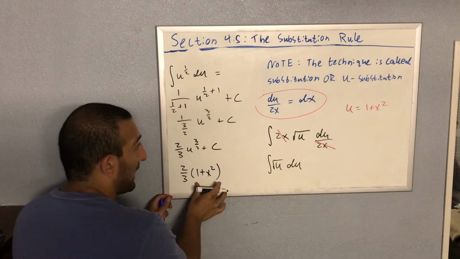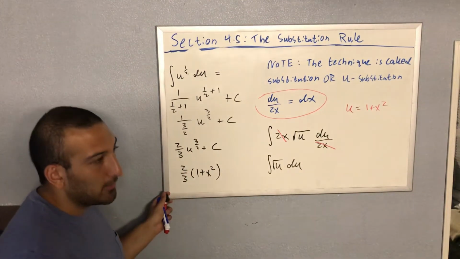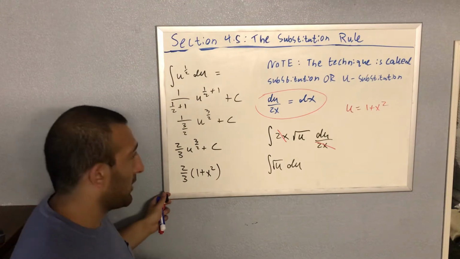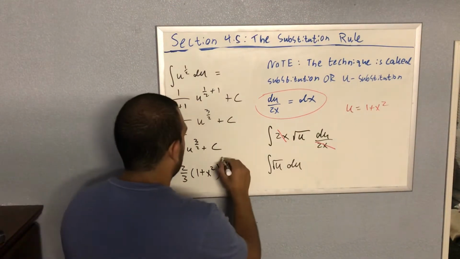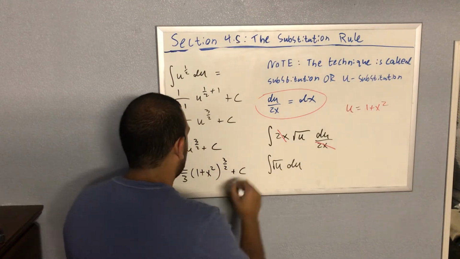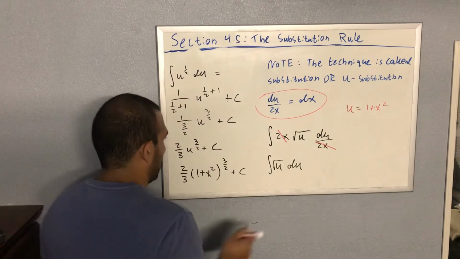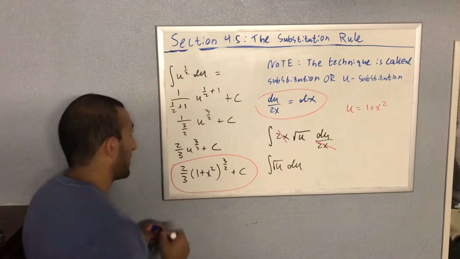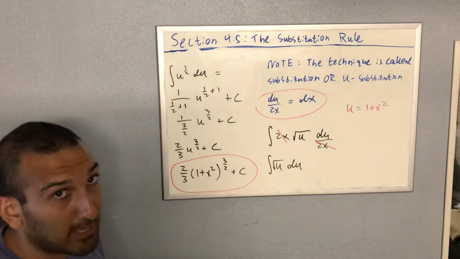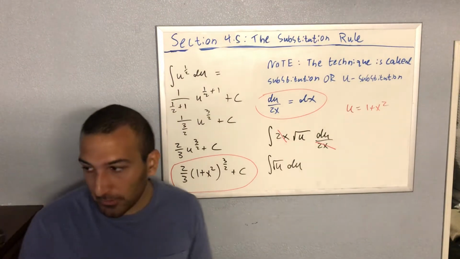Because it's a quantity, you have to put it in parentheses. It's not just a single term like x or x to the 5th. You know, it's multiple terms. So you put it in parentheses, raised to the 3/2 plus c. And this is the answer. So this is how we can get it. This is a new technique that we have developed for being able to find integrals, and it's called u substitution.